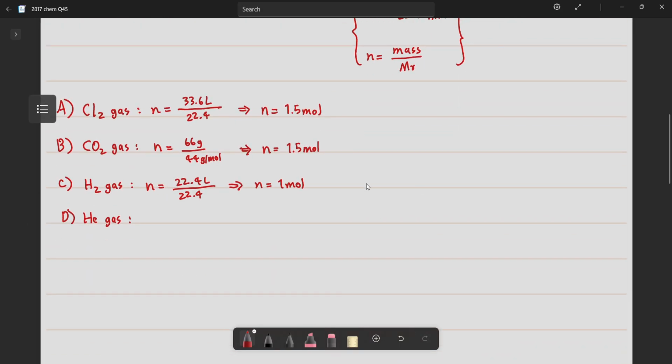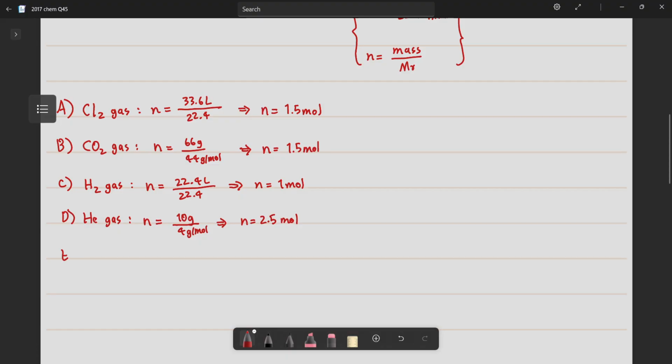We won't multiply by 2. So moles equals 10 grams divided by 4 grams per mole, which gives 2.5 moles.